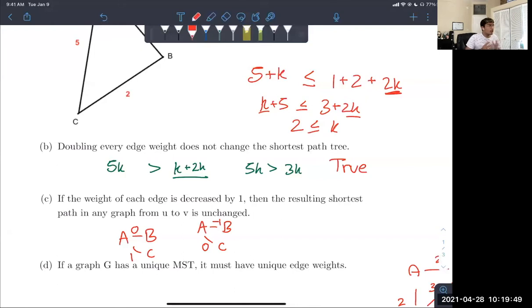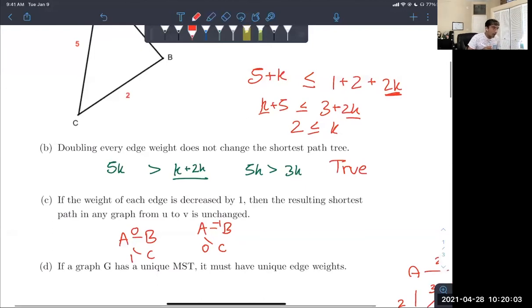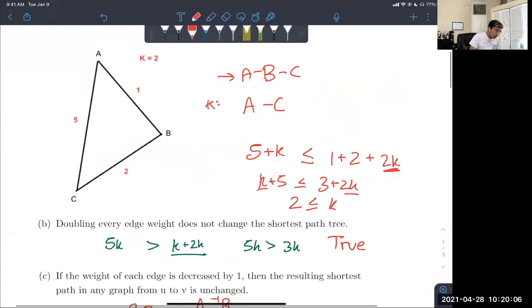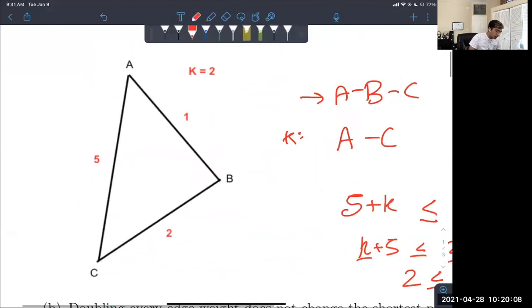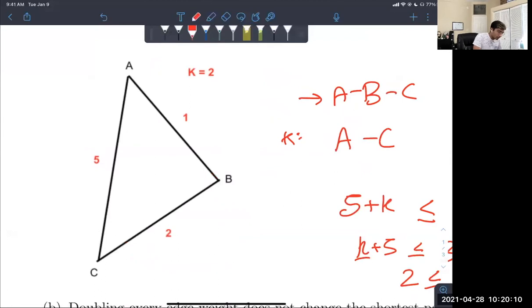But anyways, what's important to realize is that you could make each edge shorter, but because we're subtracting some sort of constant, the same story happens as what happened in part A. And let's show that via here. So let's say I subtracted 2. So this would be 3, -1, 0.